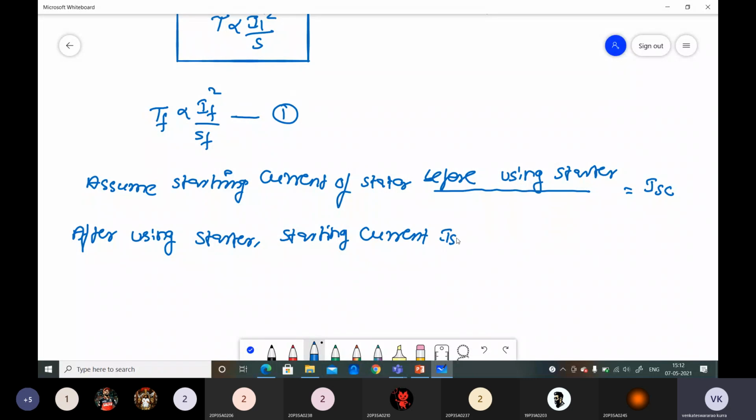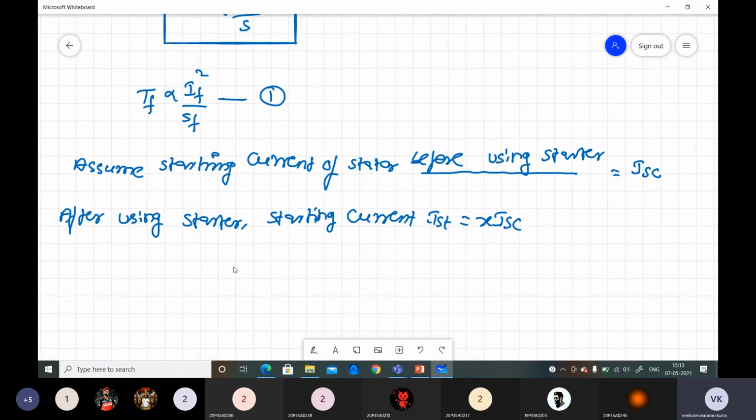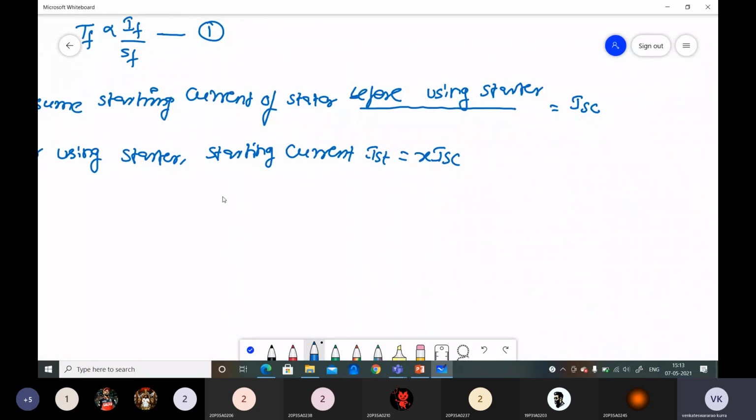Starting current IST equal to X times ISC. So here X represents the fraction of reduced voltage.